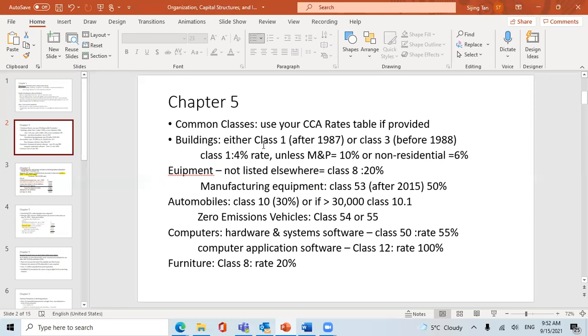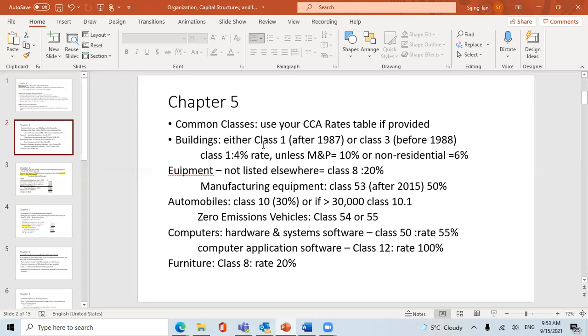So I give you some common examples, also from our textbook. The first one is buildings. Buildings in general: class 1 is a 4% declining balance class. It's either class 1, if you acquire the building after 1987, or class 3, if you acquire the building before 1988. So after 1987 it goes to class 1 and takes a 4% rate.